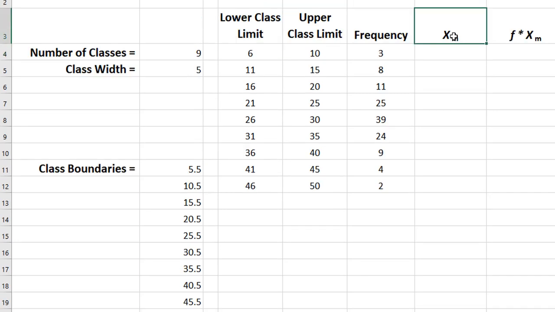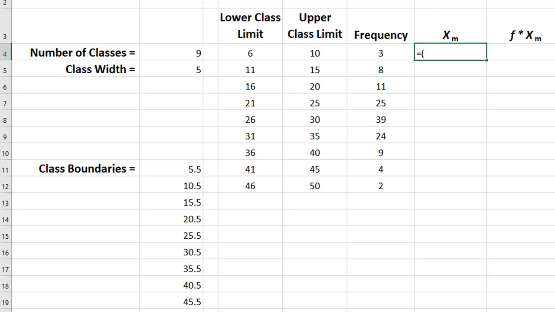Next, let's talk about this column. We call this column the class midpoint. It's a very easy calculation. To calculate the class midpoint, what we're going to do is type in an equal sign, and the formula is just halfway between the lower class limit and upper class limit.